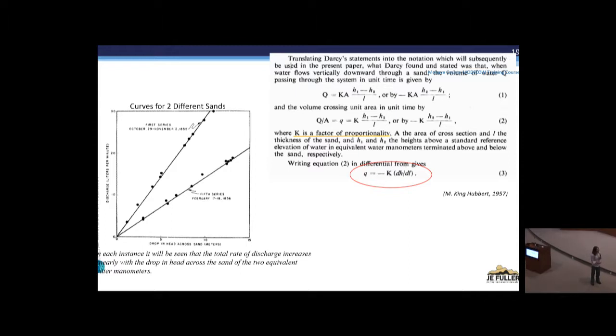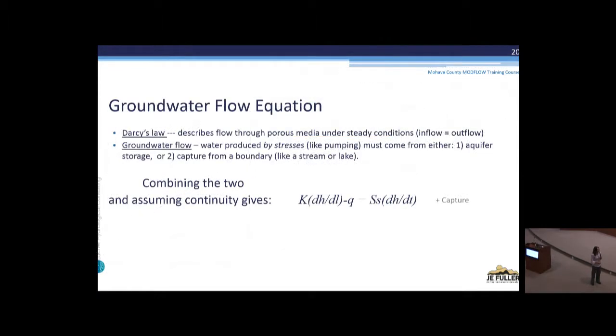So this is the primary equation that MODFLOW solves, but it's combined with the groundwater flow, which is obviously affected by stresses like pumping, and that pumping has to either come from aquifer storage or capture from a boundary, which we talked about earlier. So if you write those two equations together, you see Darcy's law here, and you see a storativity term here.